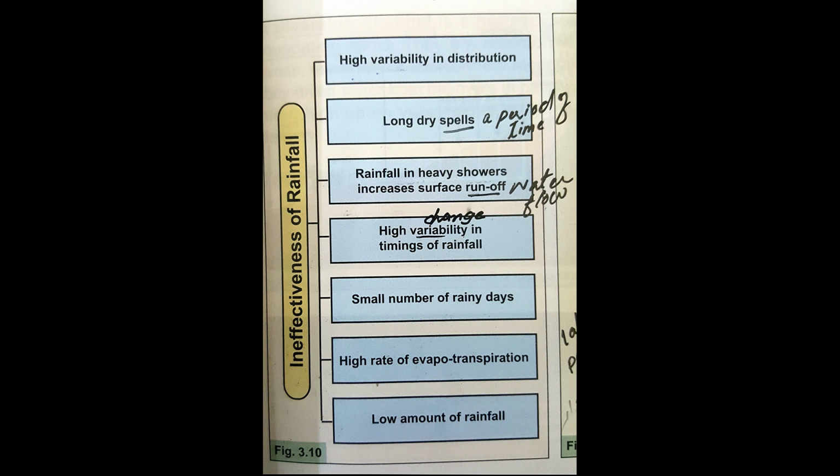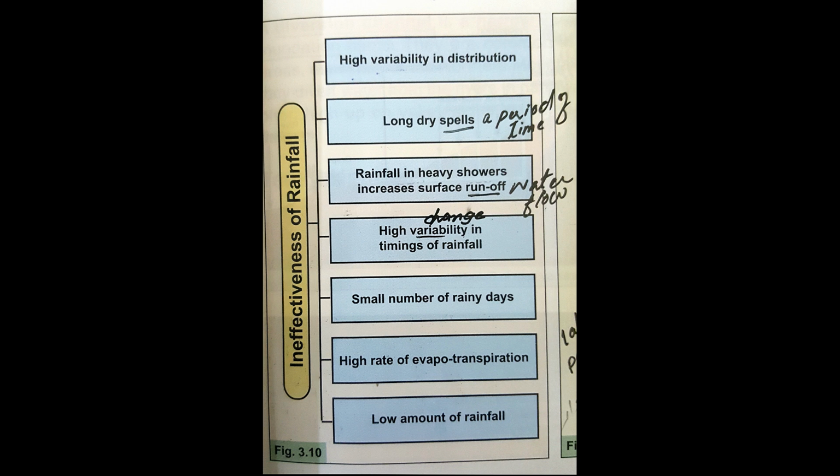Rainfall in heavy showers increases surface runoff water flow. If there is rainfall in heavy amount, it becomes the cause of water flow. High variability in timings of rainfall. There is change in rainfall timing. Small number of rainy days.